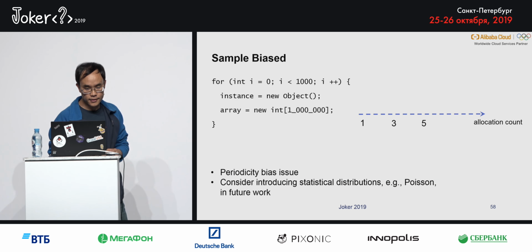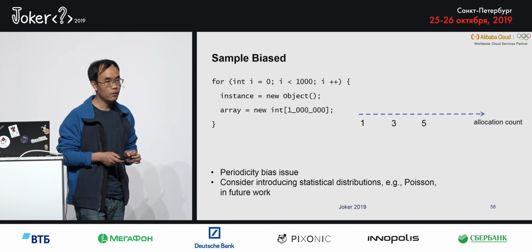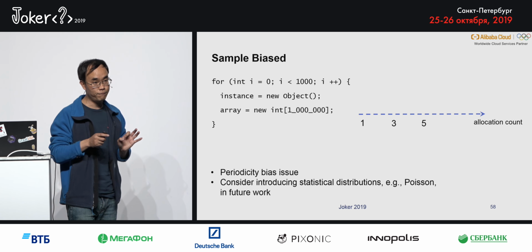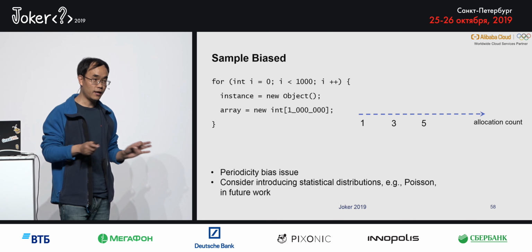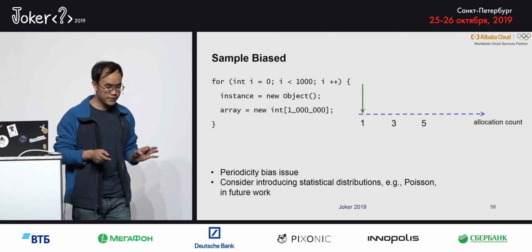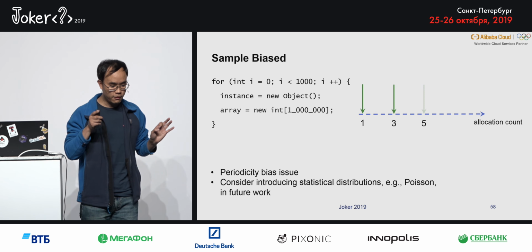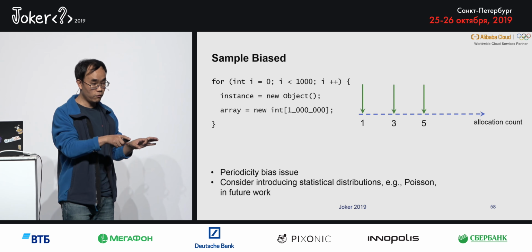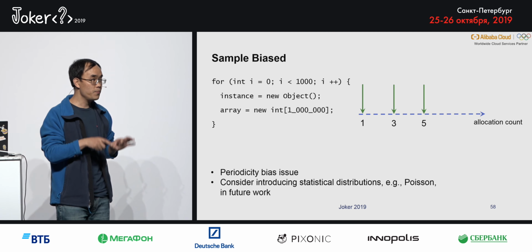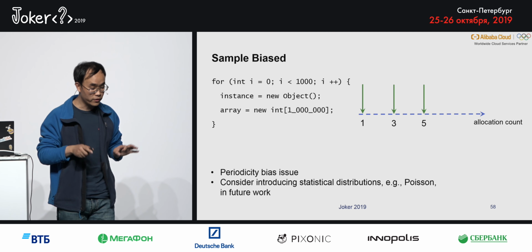Yeah, this is some disadvantage of our approach. You can see we just take samples at a fixed rate, right? For example, if I just set interval as 2, then I just take a sample at the first, at the third, and at the fifth. Then if we take this example, the large array will be allocated at the even number of times.